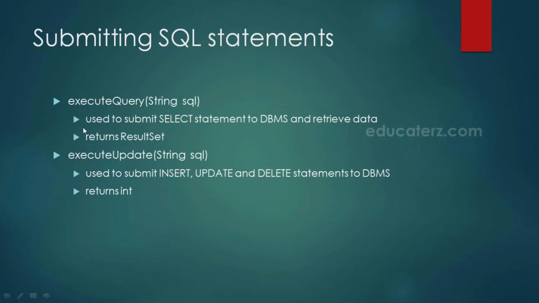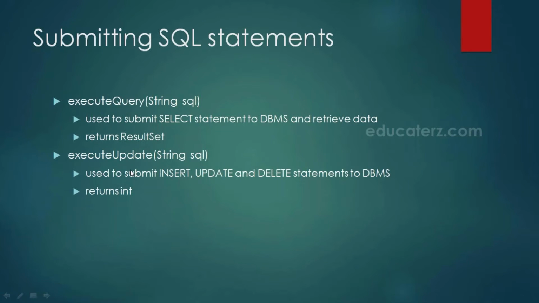The methods used to submit SQL statements are execute query and execute update. Execute query is mainly used to submit select statements to the DBMS and retrieve some data from the database. The return type of execute query is ResultSet, which is again an interface, and string SQL is the SQL query which we pass from the Java program to the DBMS.